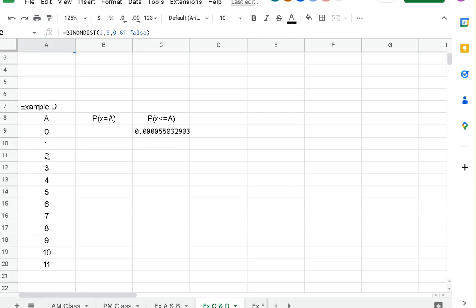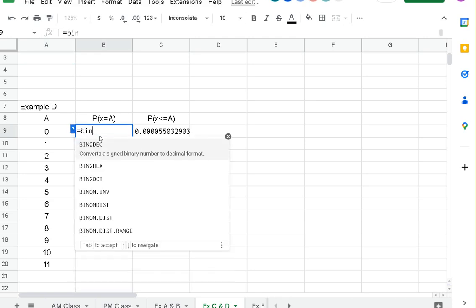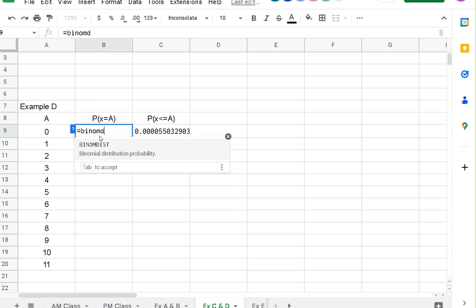So I've got the table of all these probabilities set up for you a little bit. We've got to type it in here. Equals binomial distribution. I want X. What should I type in for my X here? What do you think? You select the cell. Yeah, let's select the cell right here.